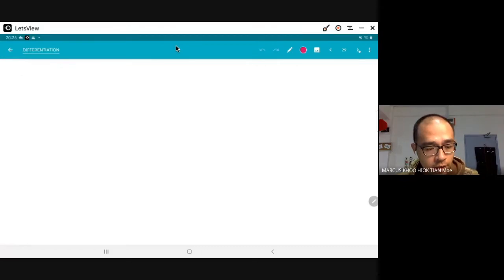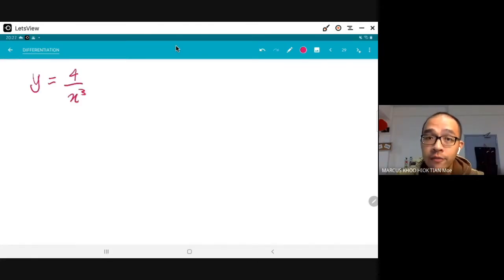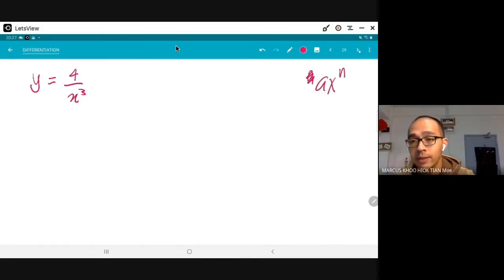So y equals 4 over x to the power of 3, and I ask you to find the differentiation for this. You cannot do this, because the basic formula must be ax to the power of n. It must be in one line. No nonsense. So if you get a question like this, what you need to do is make it one line.